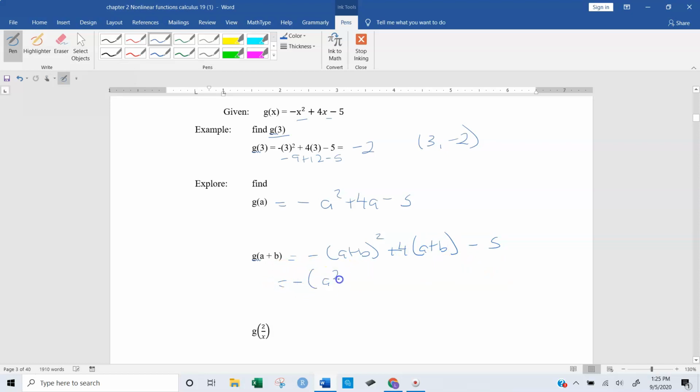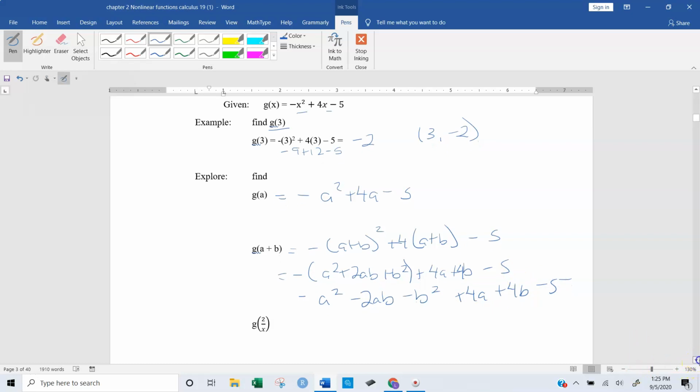So that's -(a squared plus 2ab plus b squared) plus 4a plus 4b minus 5. Distribute your negative. Forgot my parentheses. So that's -a squared minus 2ab minus b squared plus 4a plus 4b minus 5. Nothing combined, so you are done.